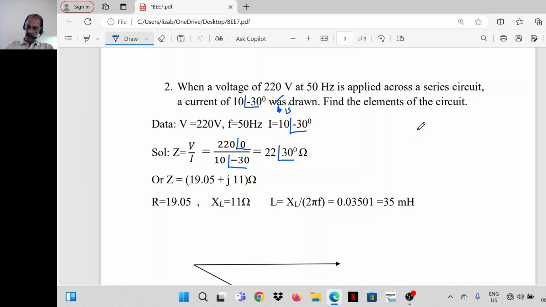We don't know the elements of the circuit, so I'll just mark it as Z, the impedance of the circuit.